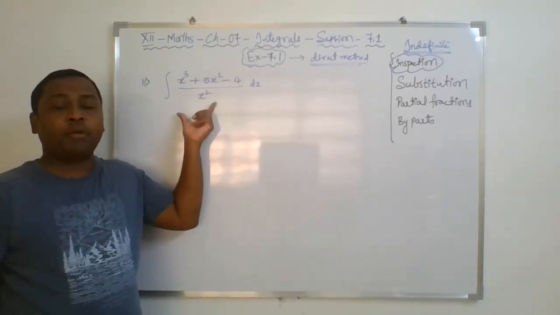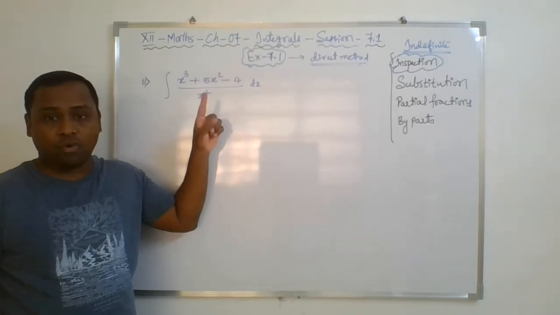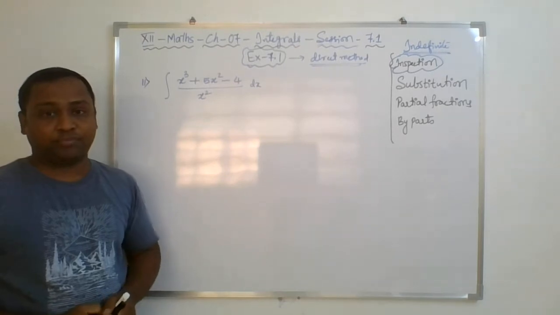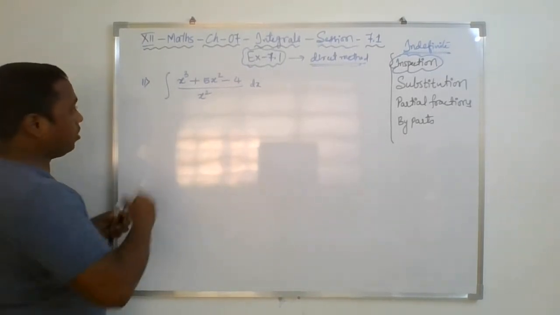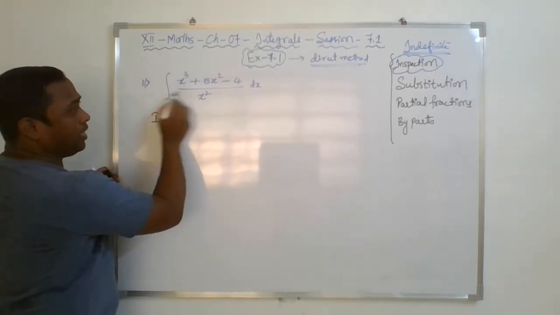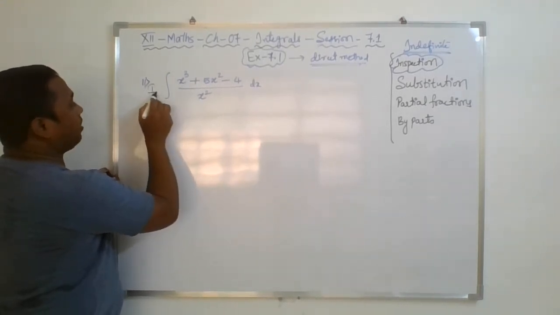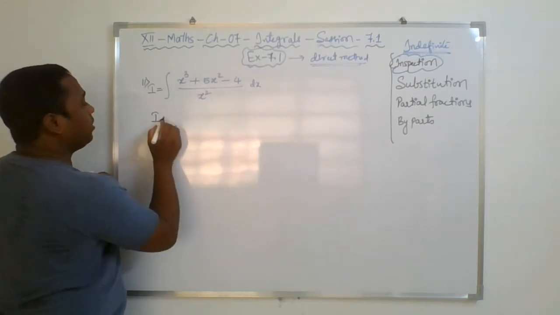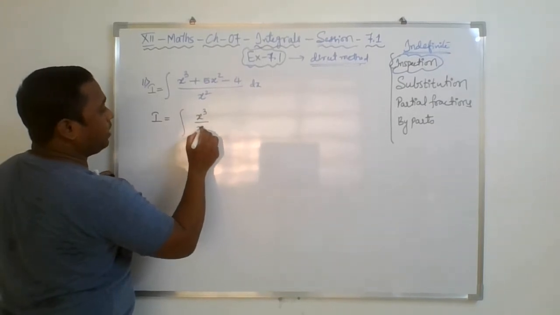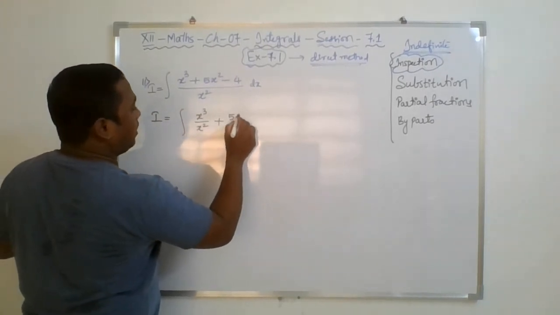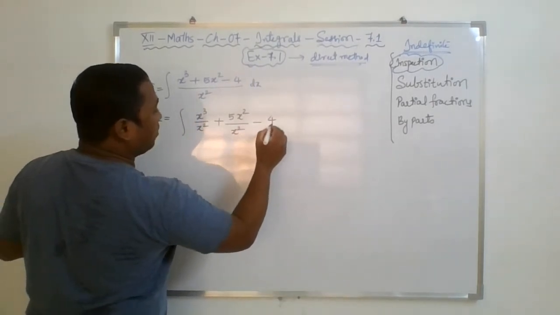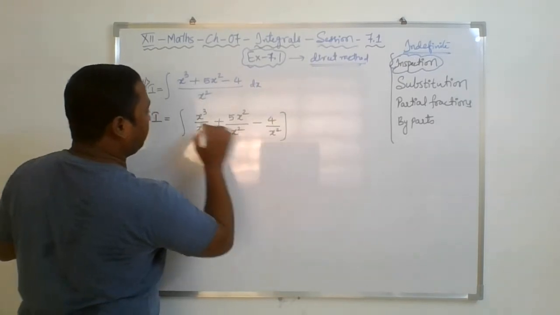See, if the denominator is a monomial, meaning a single term, the best way is to separate the fraction. Now, as we separate it, let I stand for the integral. So always start with: let I be equal to the question. Then I is equal to, just separate the denominator: x cube by x square plus 5x square by x square minus 4 by x square.